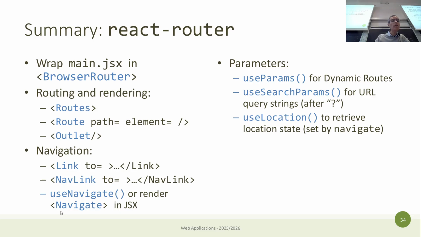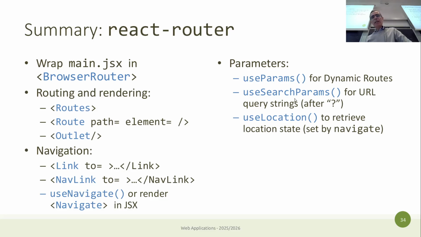You can even render the Navigate component. Rendering the Navigate component with the JSX means that you render something that will be immediately destroyed because the route then follows the link in a navigate and goes in another place. So I'm not recommending it, I'm not showing it in the example just because it's a bit more complex. So just use the navigate in an event handler, that's fine.